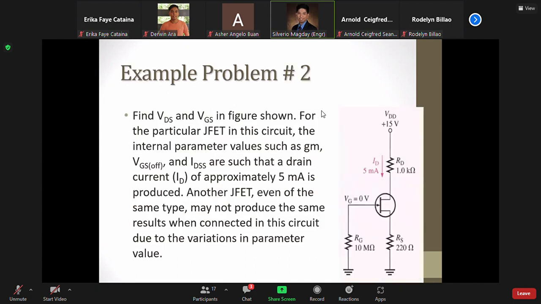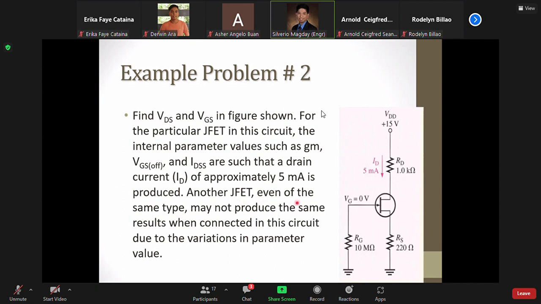For this example naman, find your VDS. So direct substitution na lang din. Hindi. Analyze natin dito sa circuit. Find now your VDS. Tapusin lang natin dito sa BJT FET. Find VDS and VGS in the figure for the particular JFET in the circuit. Yung internal parameter values given yung transconductance, gm, VGS, IDSS, such that yung drain current is approximately at 5 milliamperes is produced.